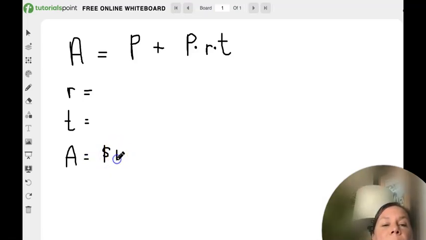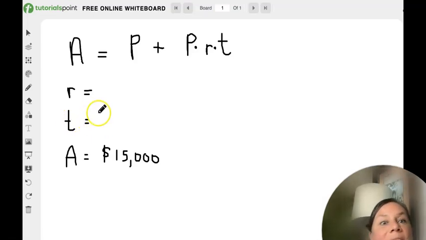Every single scenario will be choosing the amount you want at the end. So I'll choose $15,000. I need this in 7 years, and I will choose a rate of 5%.